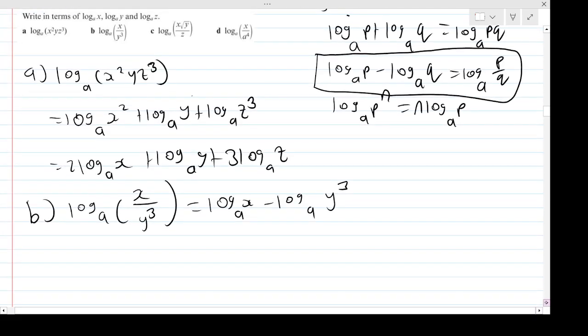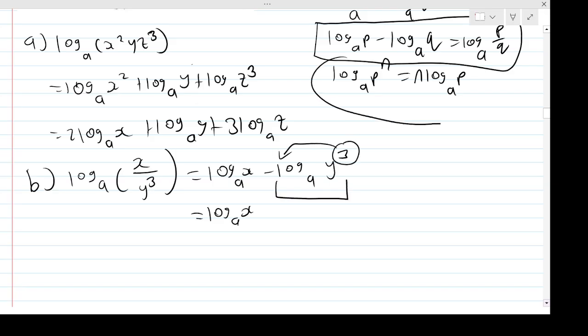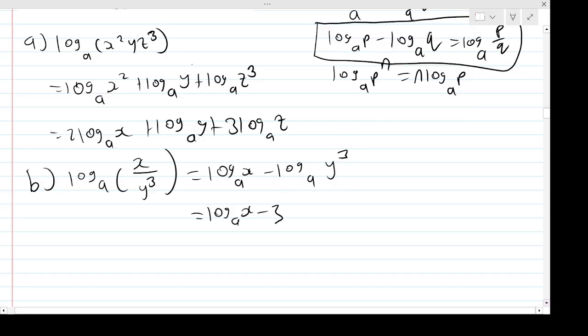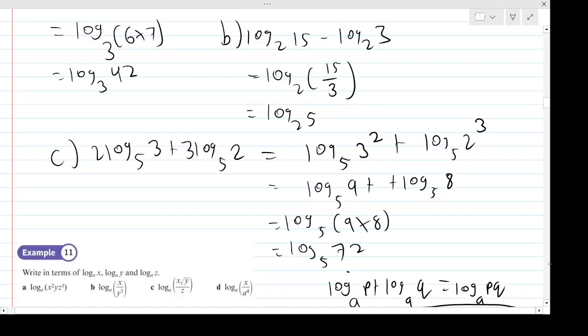Log a x is just log a x, but I need y cubed to just be y. So I'm going to get rid of the power 3 and move it to the front using the third log law. That would be log a x take away 3 log a of y. And there we are.